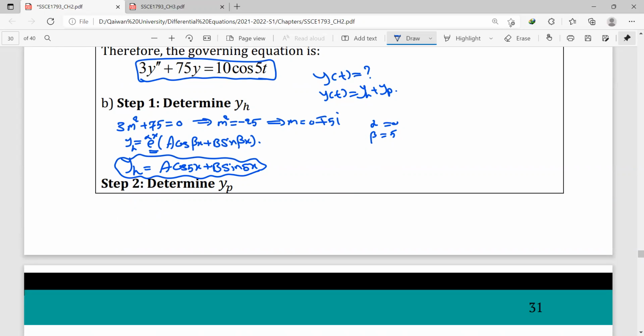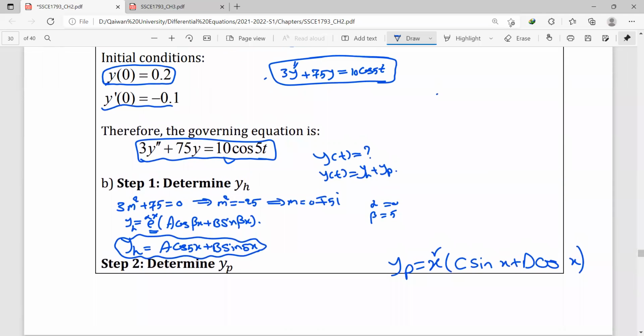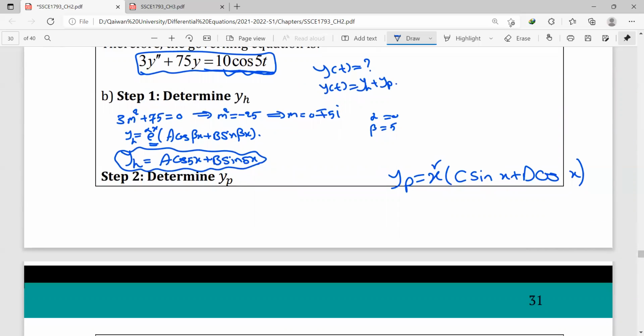We see the general form is x to the power r times c sine plus d cosine. It's the same. Here, the angle of the right hand side is 5t. So you see it's 5t.